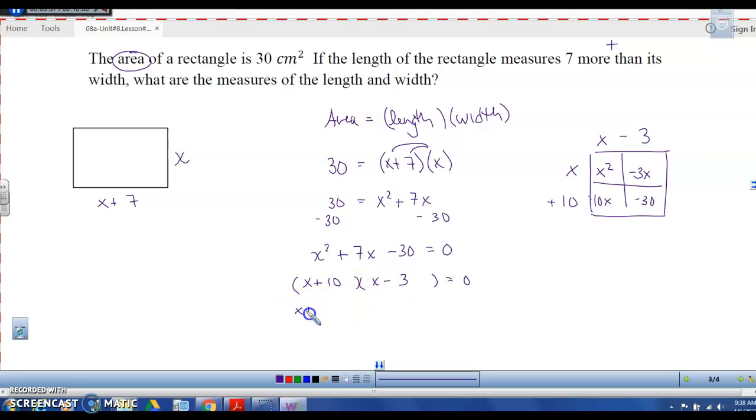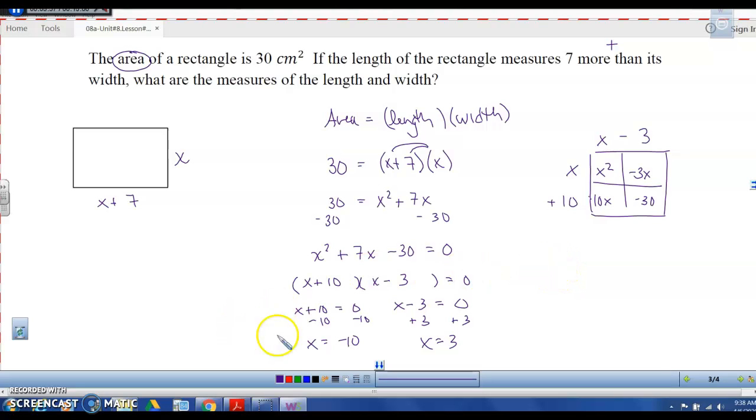All right, set each bubble equal to 0. Solve for x. x is negative 10, and x is 3. Okay, now we have two answers here. However, remember this is the measurement of the length and the width of a rectangle. Can the length and the width be negative?